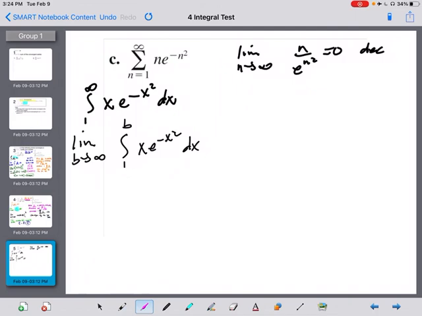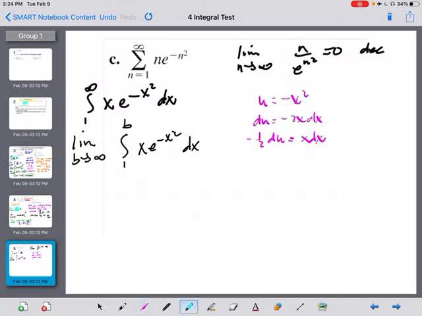Looks like this one is going to be a u sub. U equals negative x squared. So I know that du equals negative 2x dx. And then I'm going to get negative 1/2 du equals x dx.